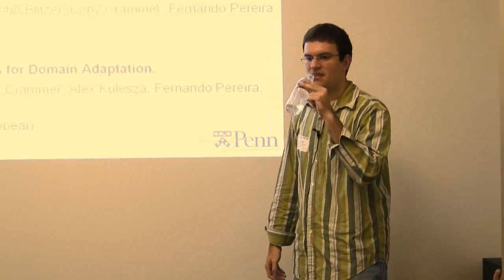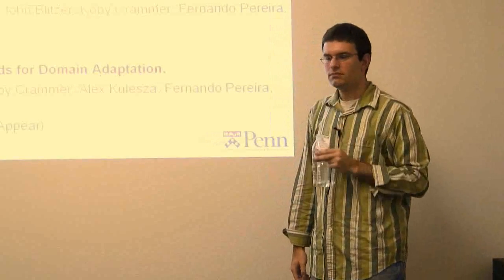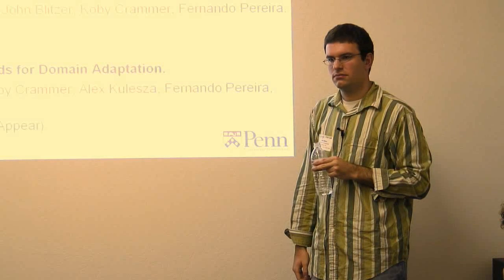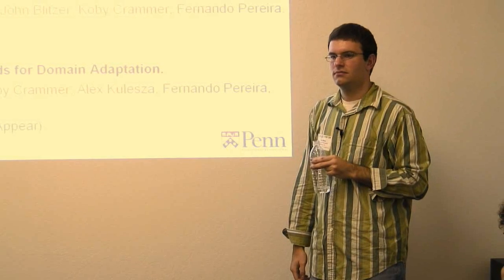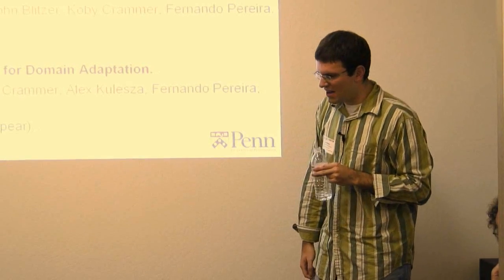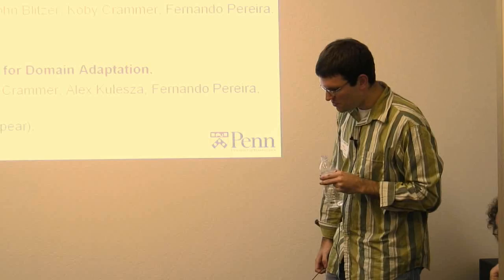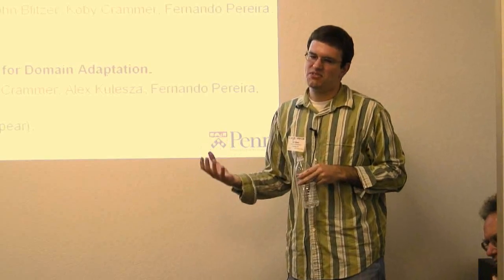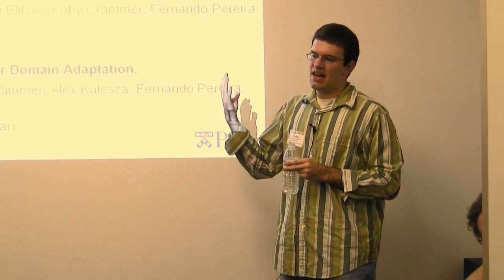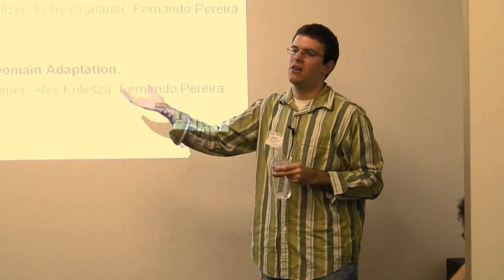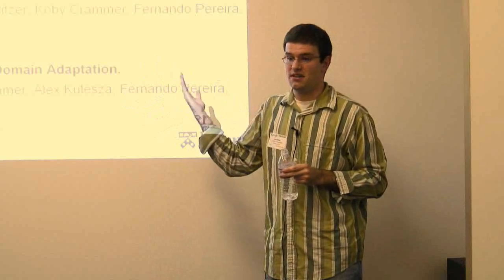Yes? I was wondering how this would apply to texts that do not work well with part-of-speech taggers, for example blog comments, very short, maybe not grammatically correct ones. Yeah. So again, the underlying assumption here is that there is a single good model for all these different domains.